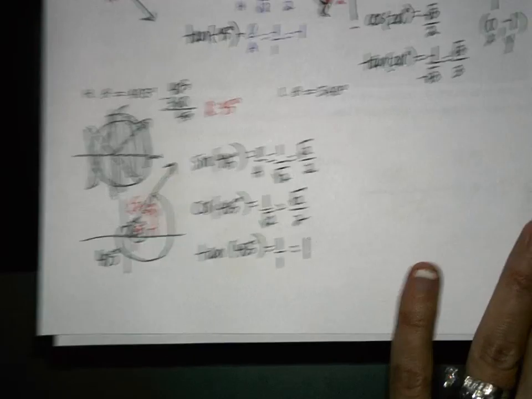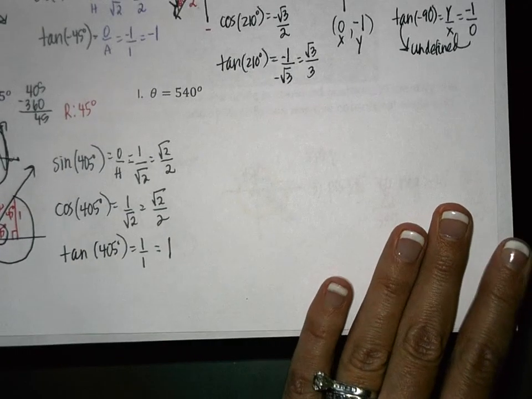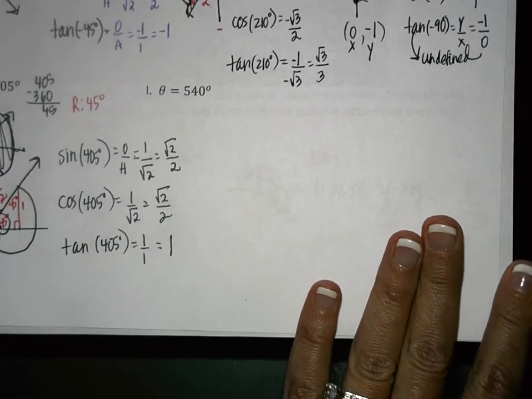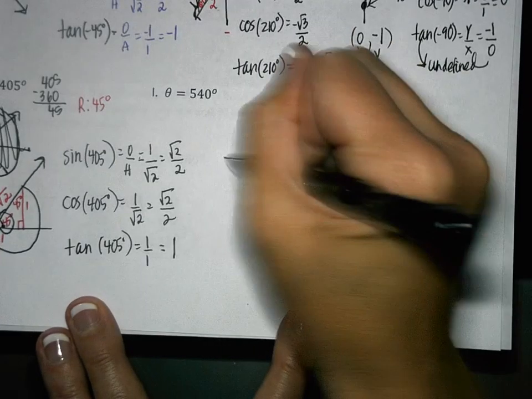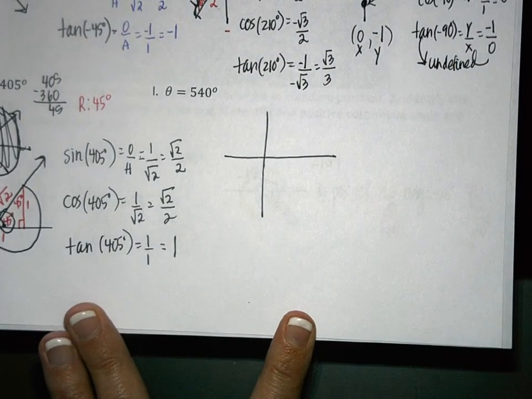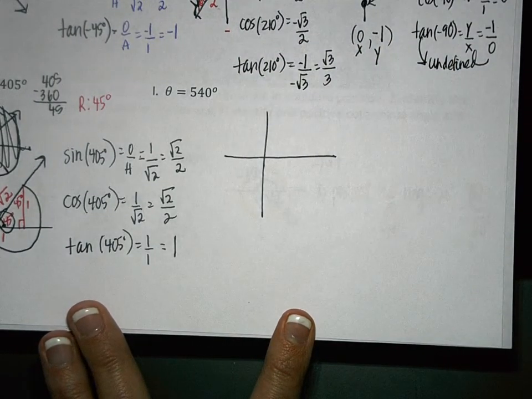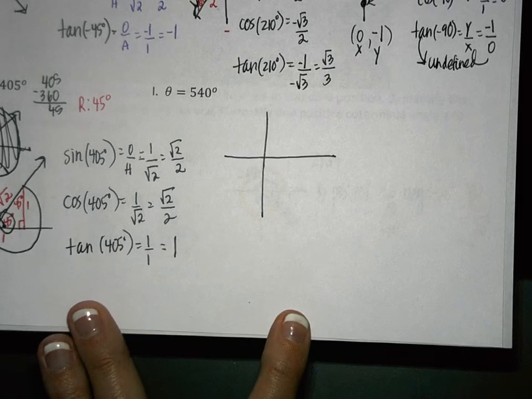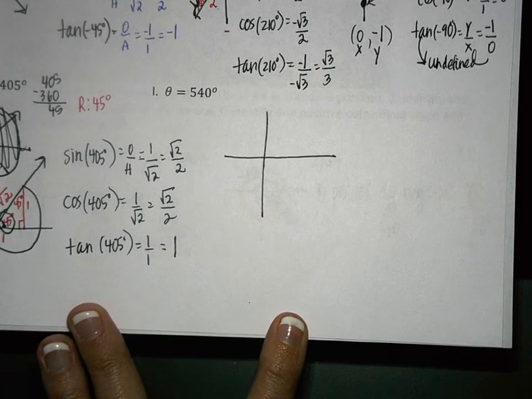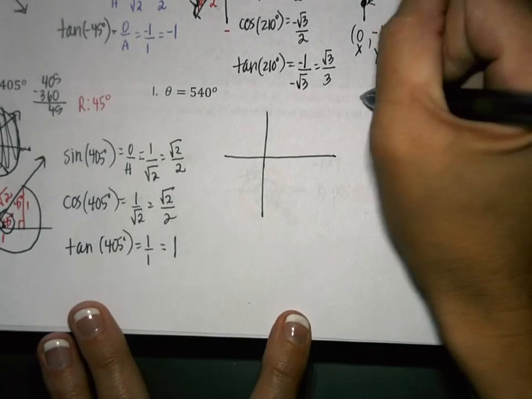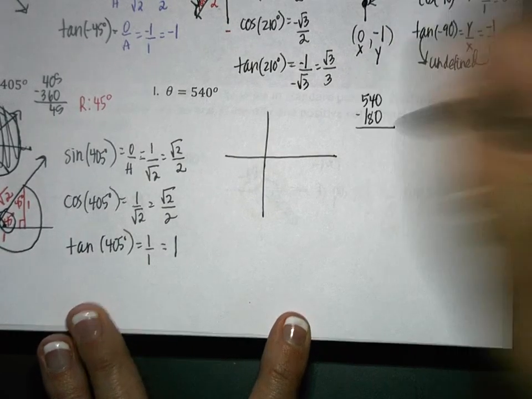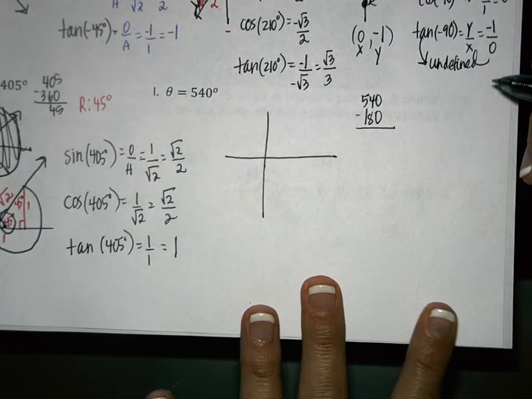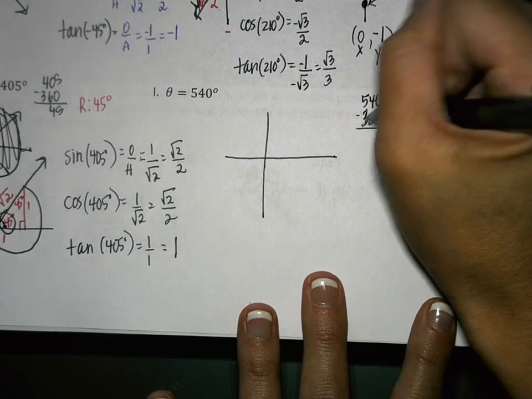Last one. For time's sake, we're going to do this together. Okay, so standard form. 540 degrees. Where will it end up? At 180. If you take 540 degrees and you subtract 180 degrees, you end up with, or not 180 degrees, sorry. Subtract 360, we get 180.